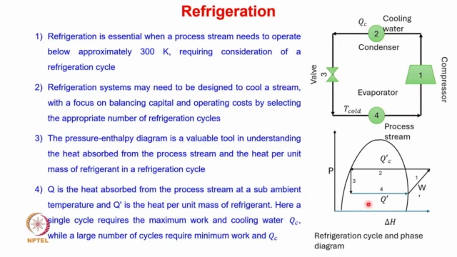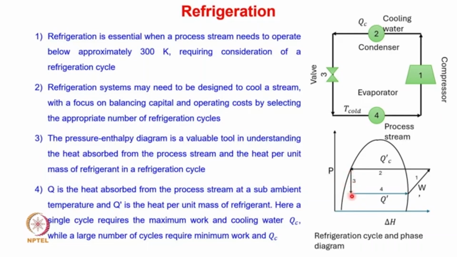If we look at the pressure and enthalpy diagram, this is what is happening. In the first stage when we are compressing, you can see that the pressure is increasing. Enthalpy as well as pressure are both increasing when we are compressing. Then in the second stage we are cooling, so the temperature is decreased, which is why delta H is decreasing here. In the third stage the throttling is taking place, so pressure is decreasing and volume is increasing.